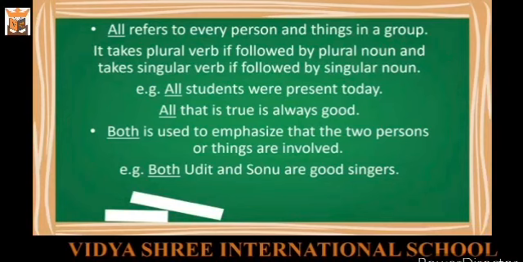If I say all students were present today, I am talking about students. Students is a plural noun, so we are using were, that is a plural verb. And in the second sentence, all that is true is always good. Here that is singular, so we are using a singular verb.